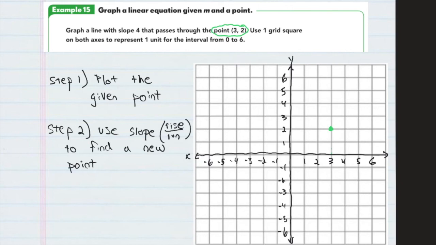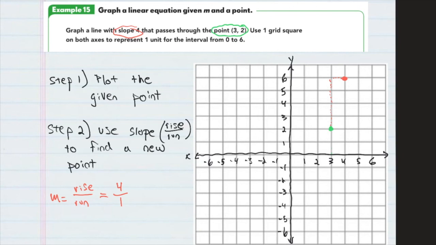So in here, we're given the slope of 4. So our slope, which equals rise over run, is equal to 4. And as a fraction, that's 4 over 1. So that means that we're going to be going up 4. 1, 2, 3, 4, and over 1. So there's my new point.